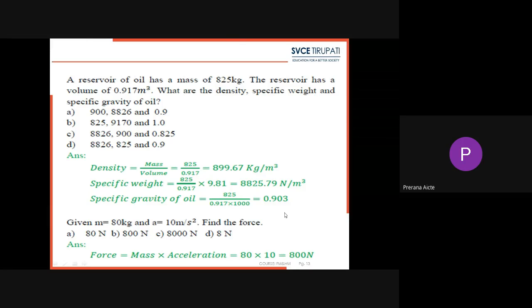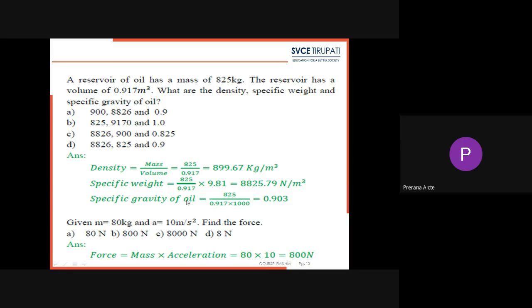And then specific gravity of the oil. Specific gravity is defined as unit weight of the fluid by unit weight of the standard fluid. Here the fluid is oil.